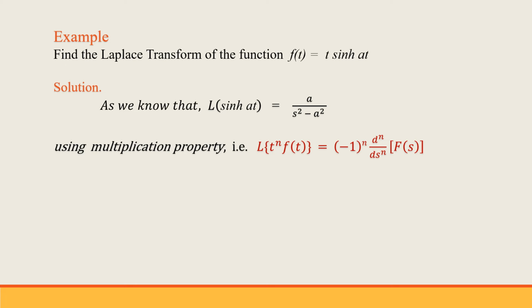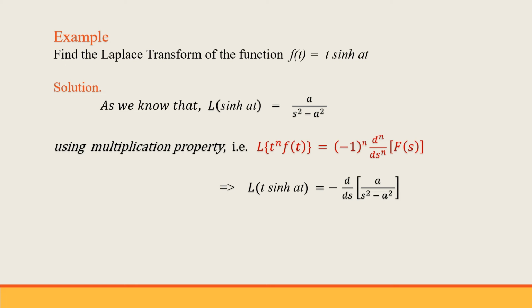Now by applying the multiplication property, we can write the Laplace transform of t into sinh at as minus d by ds of a by s square minus a square. Here n is 1 as the power of t is 1.